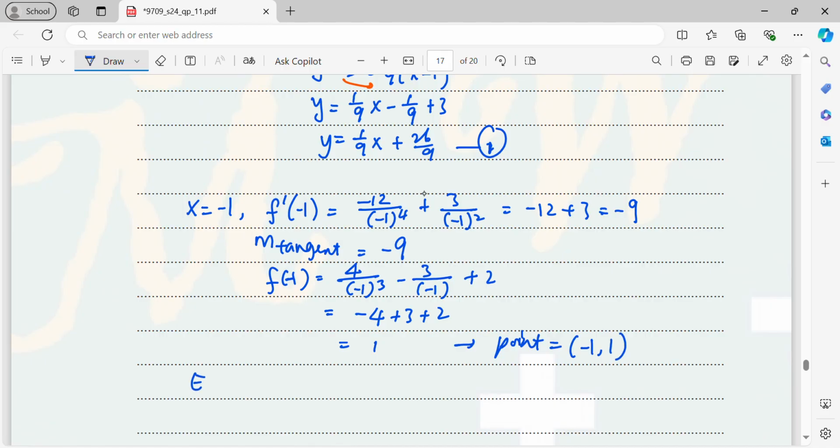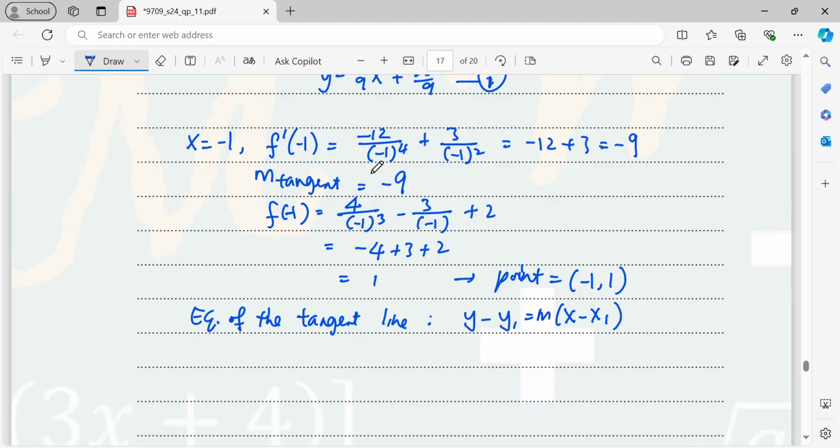And then now, the equation of the tangent line. Again, y minus y1 is m bracket x minus x1. So I find these two lines first. So now y minus 1, m is negative 9, x minus minus 1.